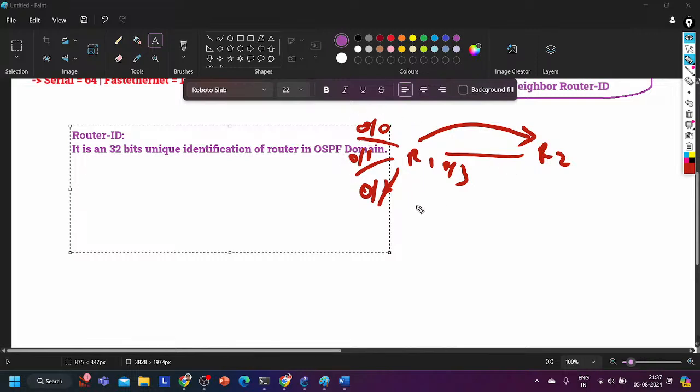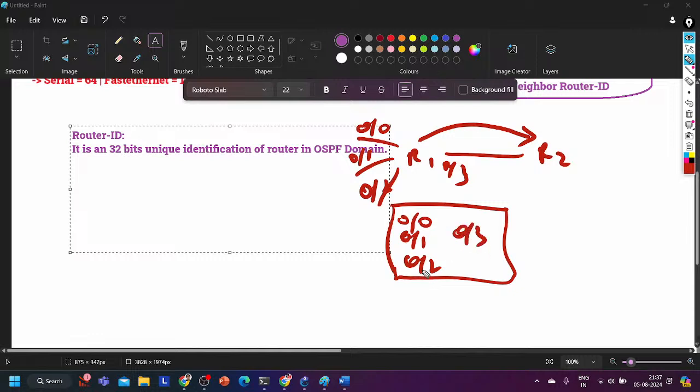First of all, router 1 is going to maintain one database. In the database, router 1 will add the link state of each link, Fast Ethernet 0/0, 0/1, 0/2, 0/3, right? There will be much information, like all states of the link. Now how is router 1 going to represent this database with the help of the router ID?